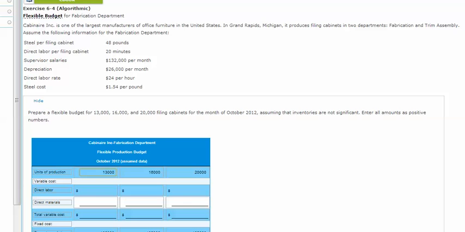I'm further going to multiply that times the cost for the steel, which is $1.54 per pound. So my total cost for the steel, my materials, is $960,960. Again, here's how I got that number. I took the units of production times the pounds of steel times the cost per pound.